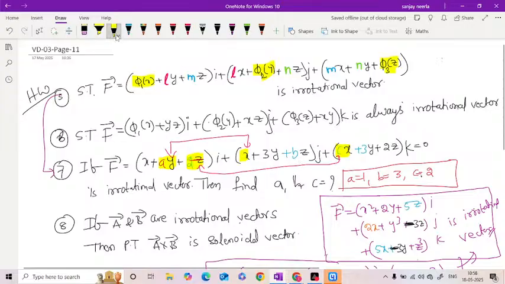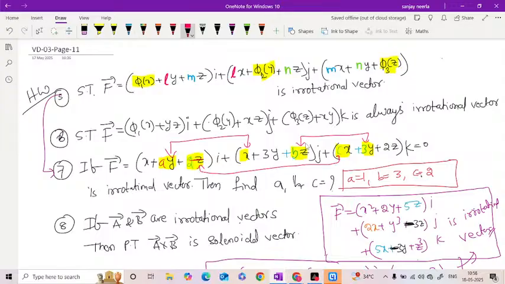The coefficient of z is here b in this one, and the coefficient of y here, check, because it is the y term and it is the z term. So just interchange. Now b is equal to 3. If b is equal to 3 and c is equal to 2 and a is equal to 1, this must be the irrotational vector. Okay?